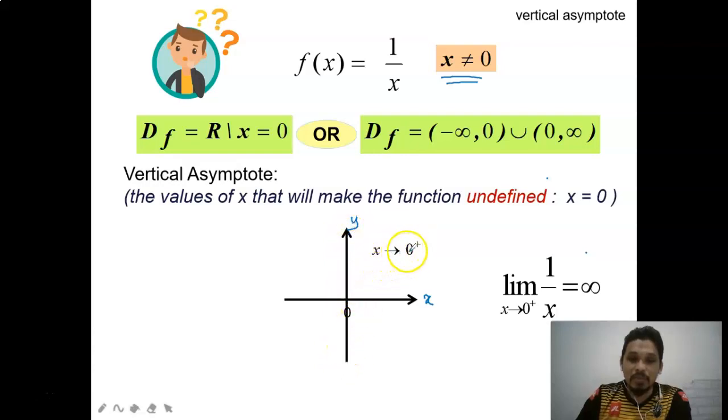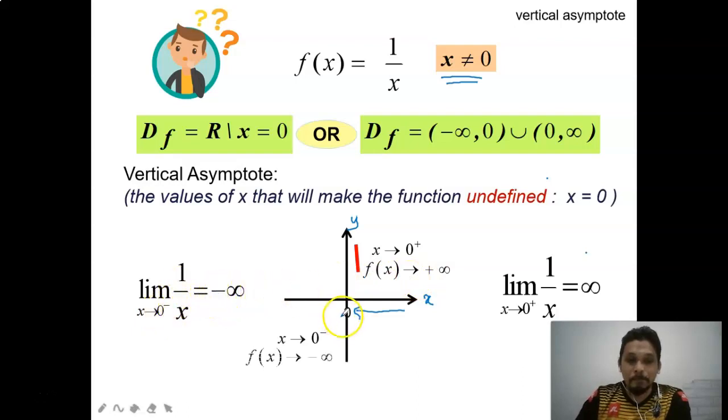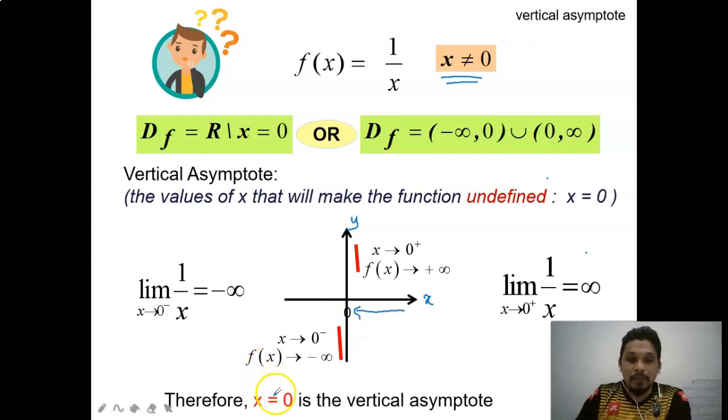So when x approaches 0 from the right, f(x) or y approaches positive infinity. And then when x approaches 0 from the left side, 1 over x equals negative infinity. Therefore, x equal to 0 is the vertical asymptote.